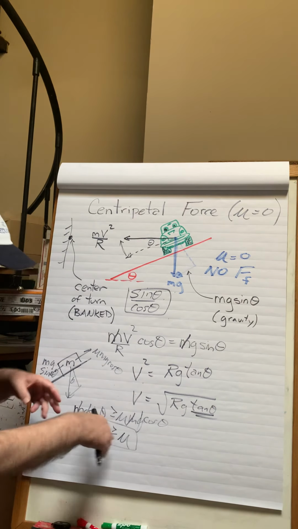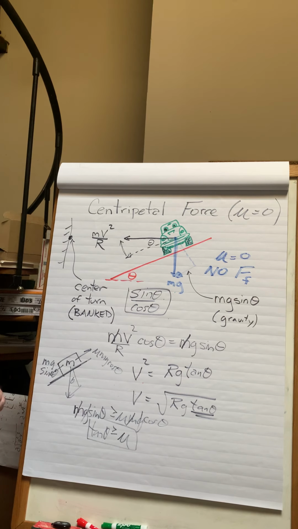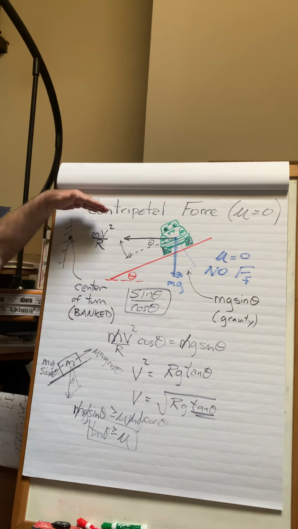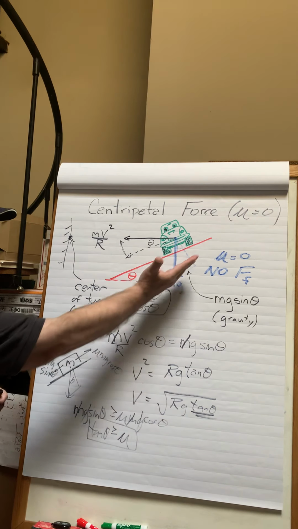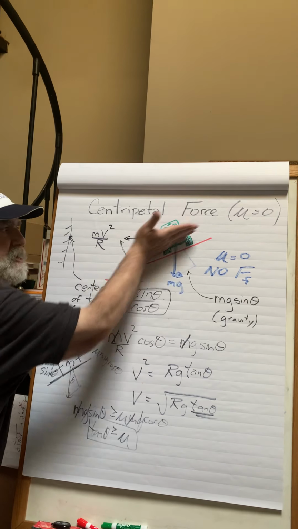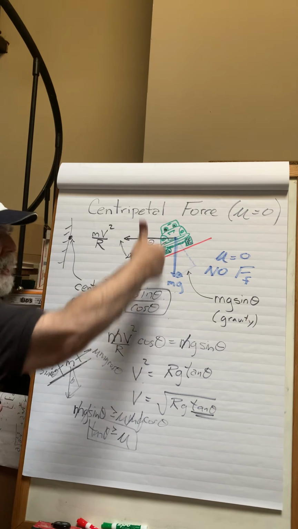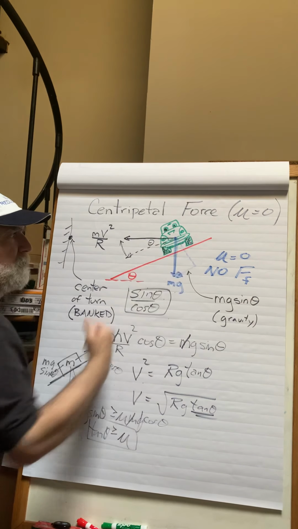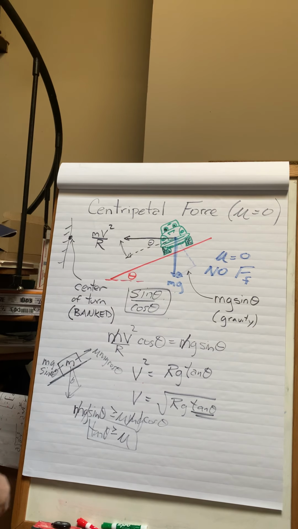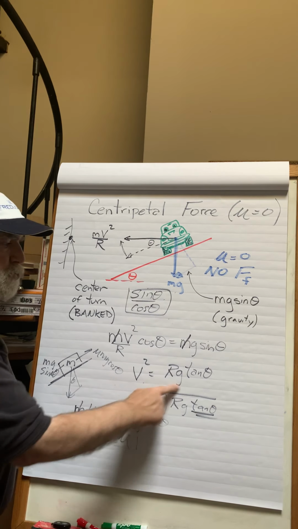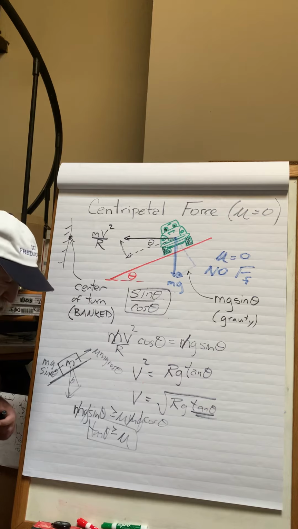So that's sort of the quick and dirty proof that on an inclined plane, considering centripetal force provided by gravity alone, or the component of gravity in the direction of motion, not straight down, again, normal force and then parallel force, we find that the velocity is related to the square root of the tangent of theta.